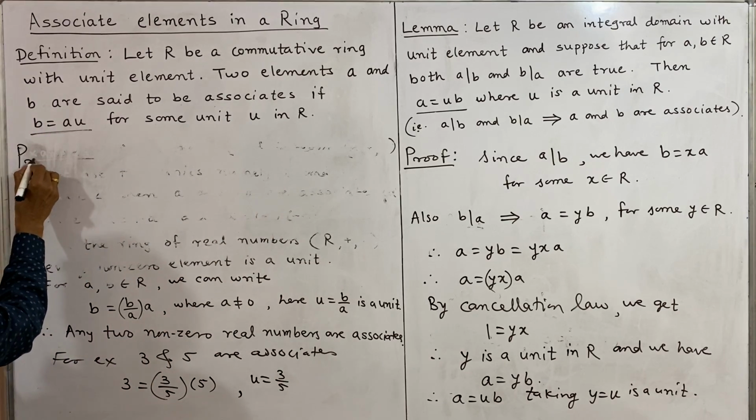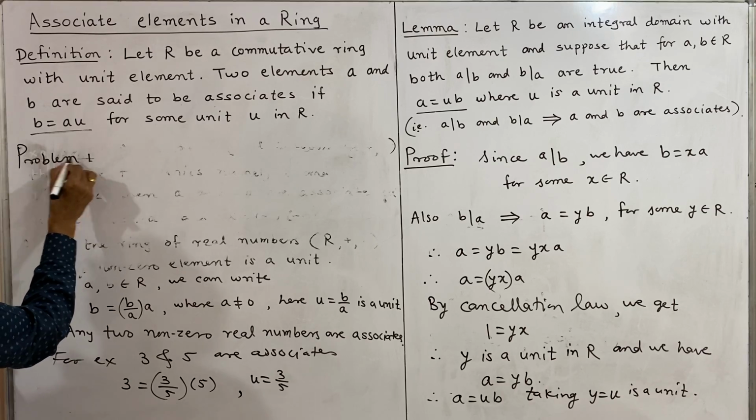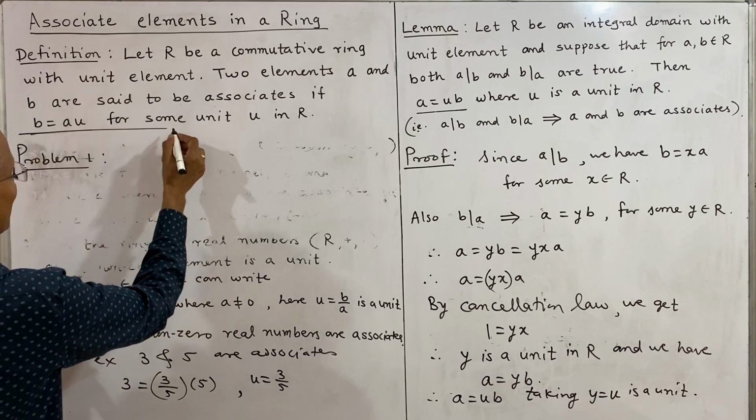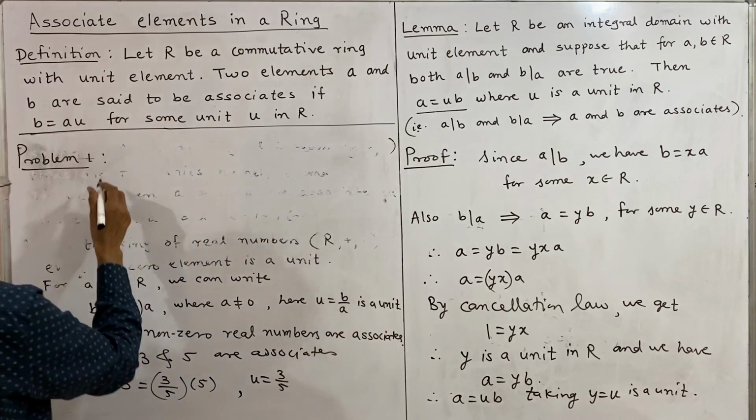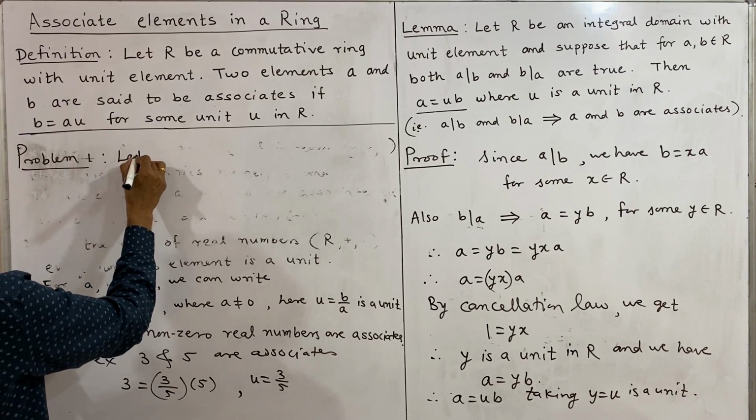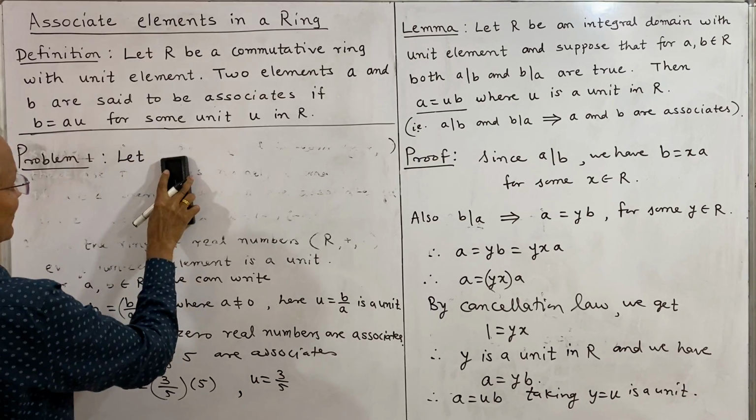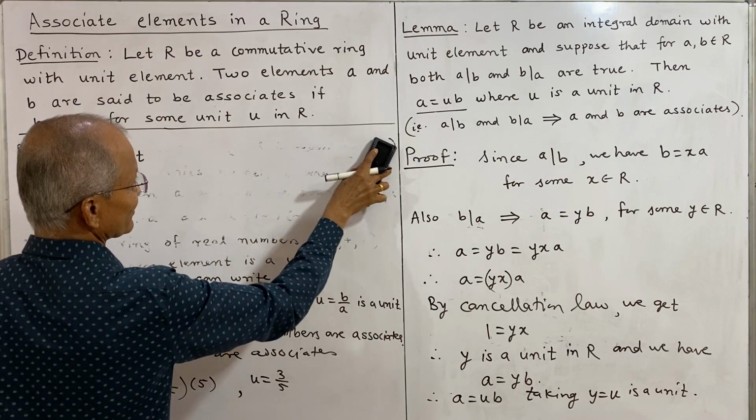Our first problem: let R be a commutative ring with unit element.